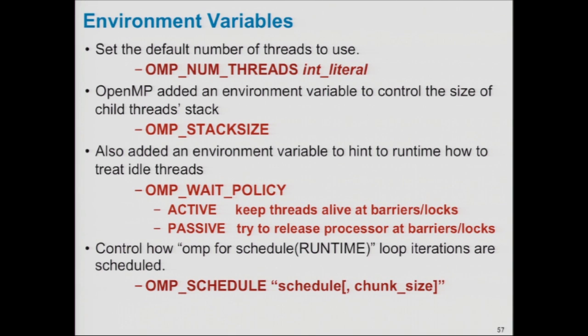This holds true at barriers and locks as well. You want them to just sit there and spin. However, because they also sit and spin on locks, that may mean they generate memory accesses, so they may consume some shared resources. And so you may want them to be passive, to go to sleep and stop spinning. You can set them to be passive.